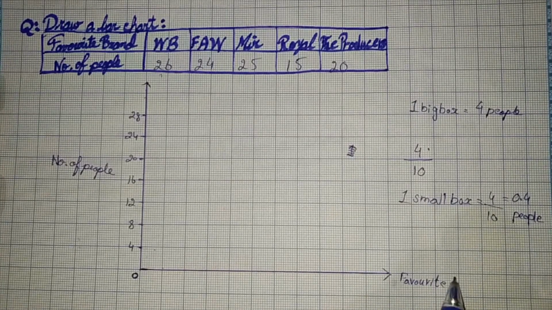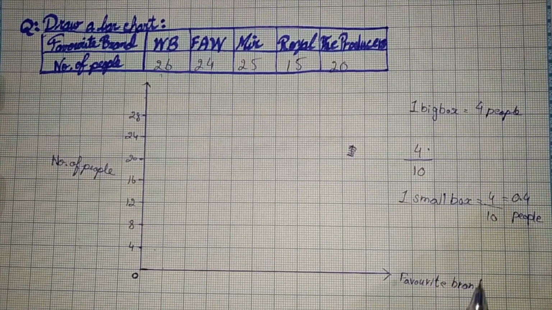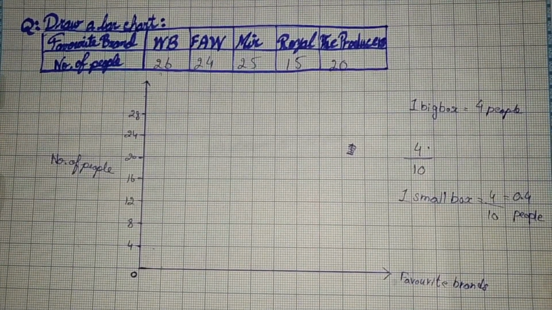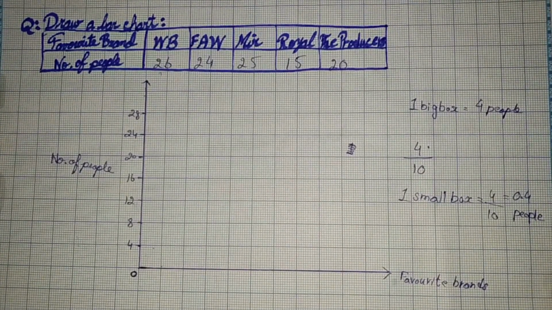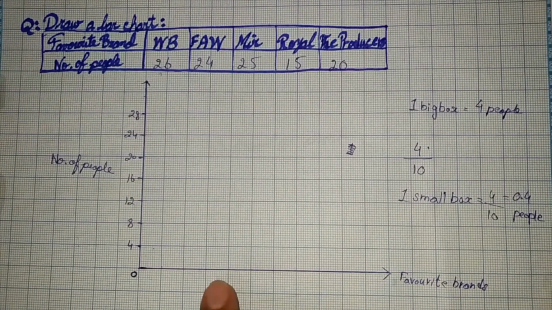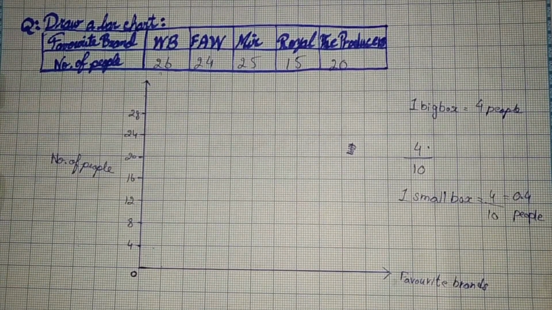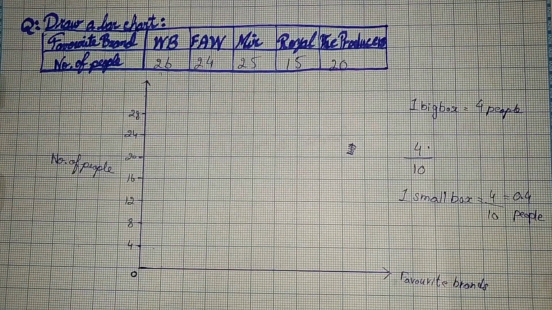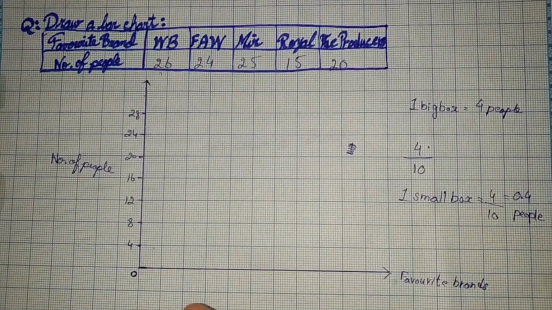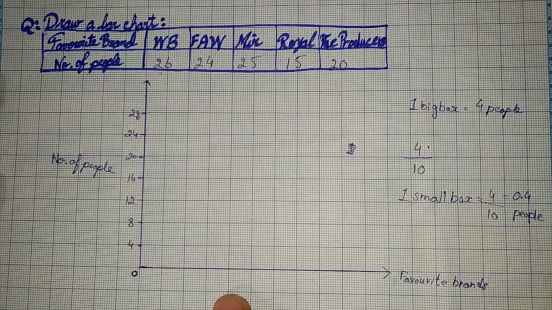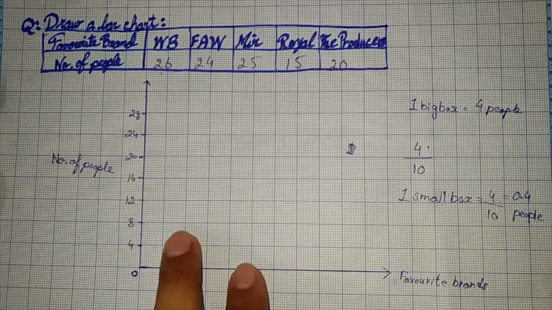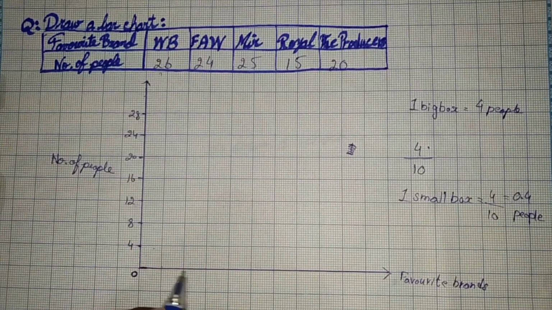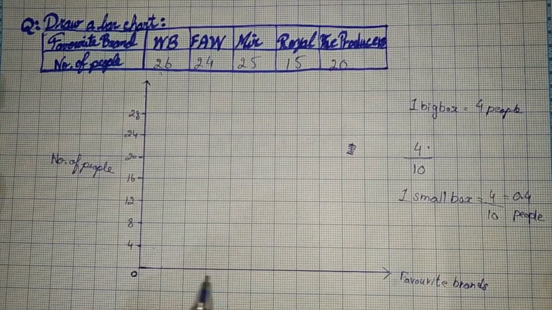Here we also have to make a gap between 2 bars. We have 5 bars, so we have to maintain the thickness of a bar. All the bars should have the same thickness.